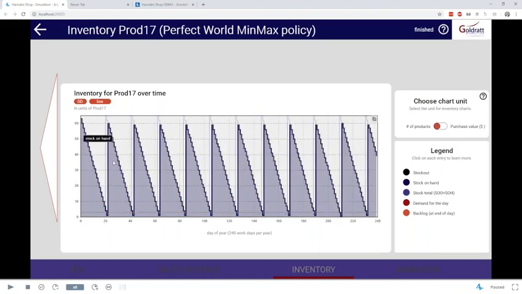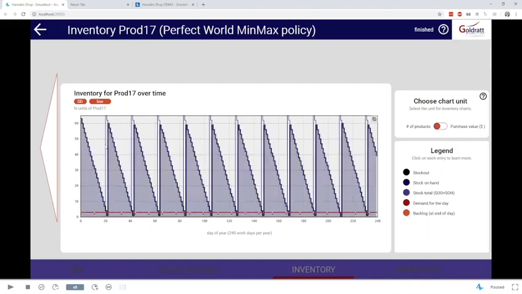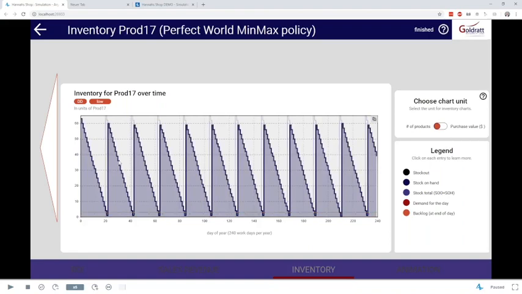So our stock on hand is this dark blue line, but there's also the total stock, which is stock on hand, SOH, plus the stock on order, which is the stuff that we ordered. And the lead time for this product is quite short, it's just a day. Now, it is interesting to now see, well, does this actually make sense?